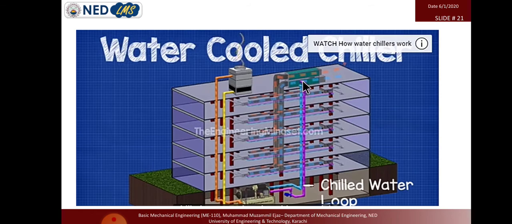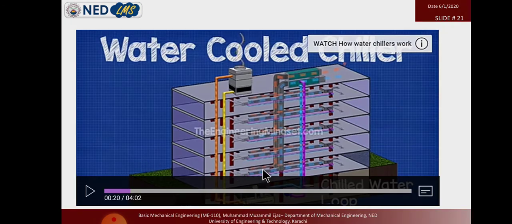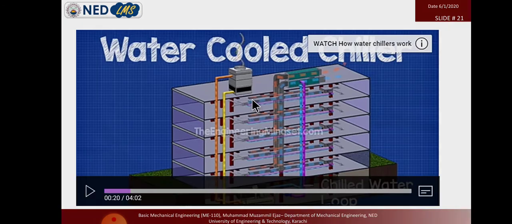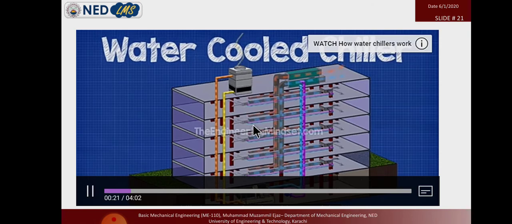On the return, the water gets heated, and again the refrigerator cools it down to 4 degrees centigrade. So the water is circulating, and the air is cooled by the chilled water. The chilled water does not directly mix, it just transfers the cooling and gets heated itself.